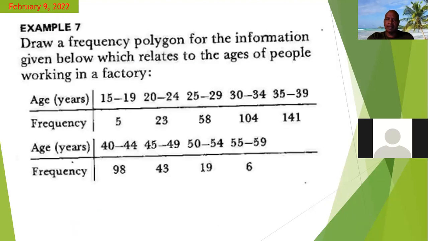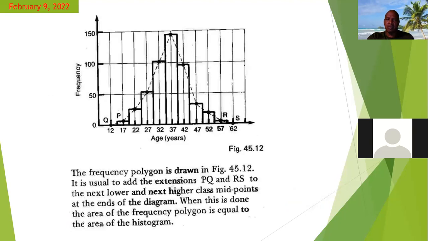All right. Now, this is another example showing you what a frequency polygon is like. So in a similar fashion, you find the midpoint at the top of each rectangle, connect the lines with those points, and then you get the frequency polygon.